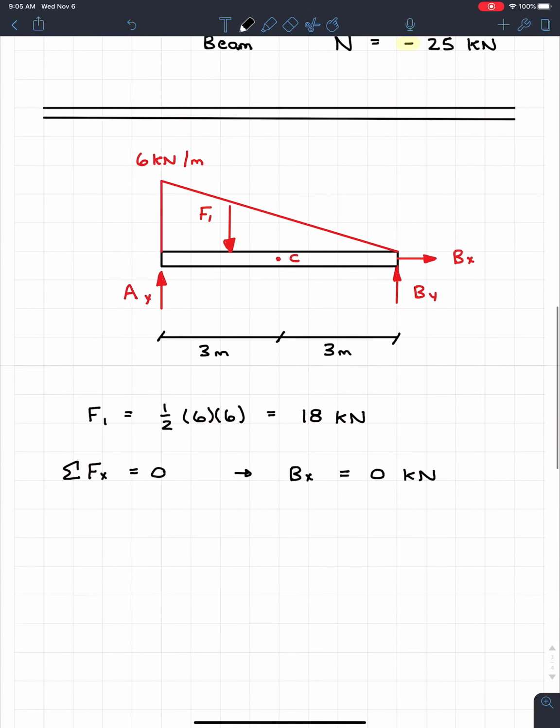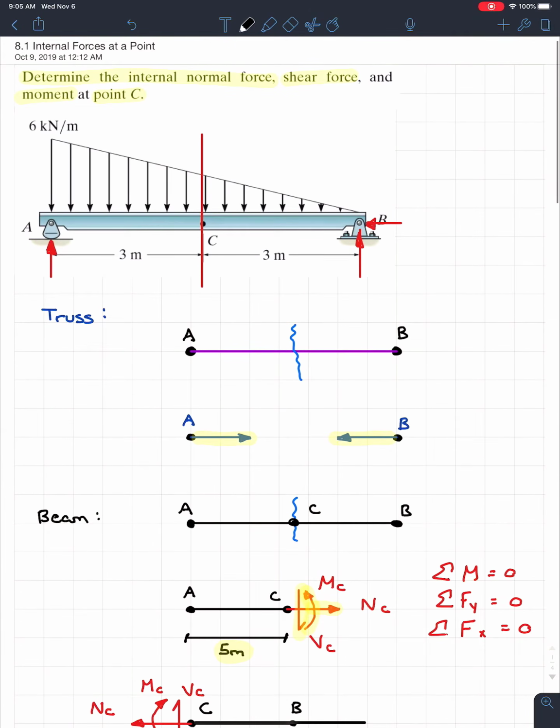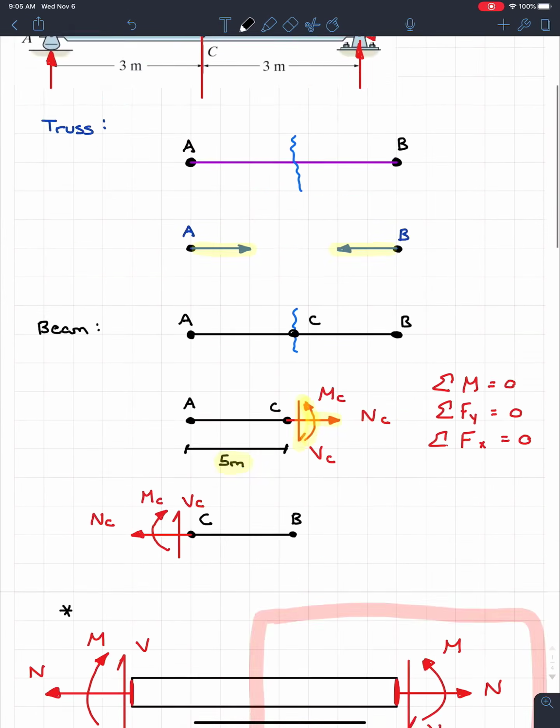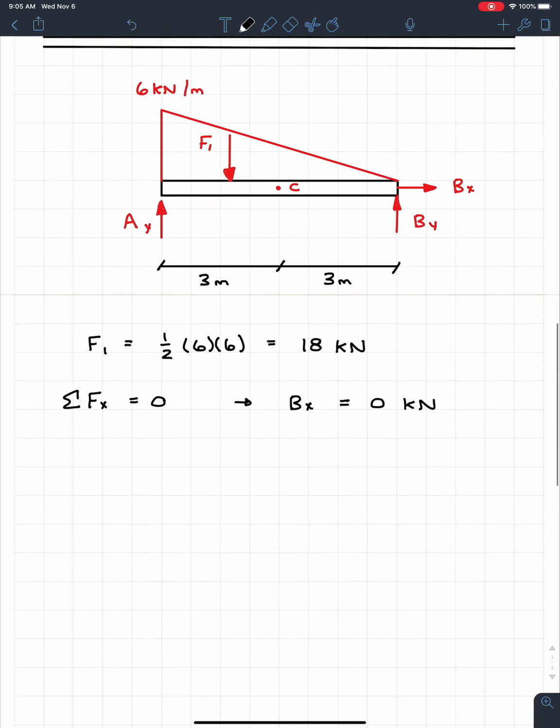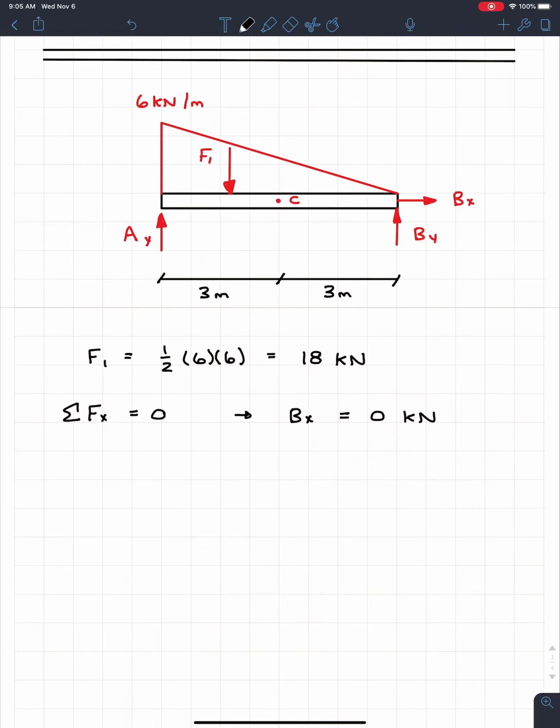So typically in these type of questions, what you guys would actually see is determine the internal shear force and bending moment. It's very, very rare of us to ask you for the normal force because there usually isn't any. The only time that there's typically a normal force is when the beam is rotated 90 degrees and becomes a column. But you have to treat things a little bit different, so we won't get into that at all.